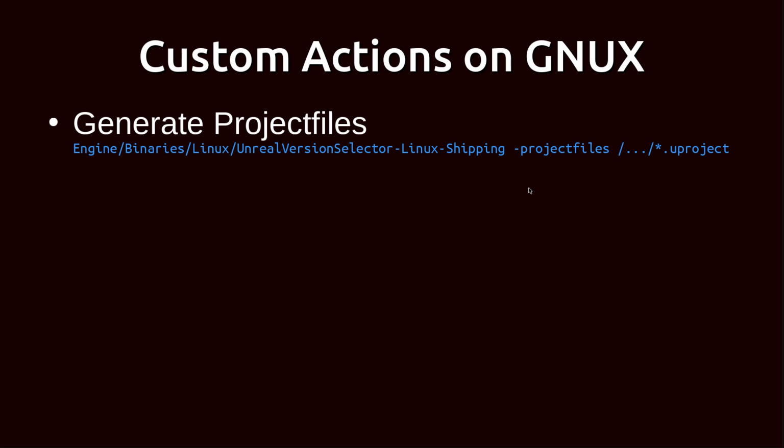This binary is downloaded after the setup script, so it is not built, if I remember correctly, after building the engine from scratch. Just for your information. After that, we pass the projectfiles flag and the project name, and this will generate the build files according to the engine version.